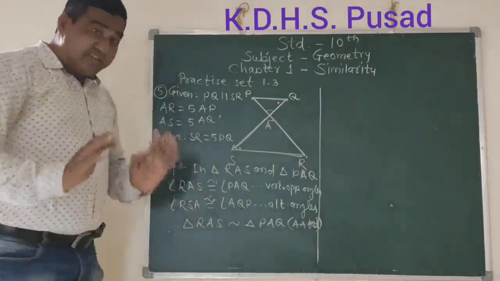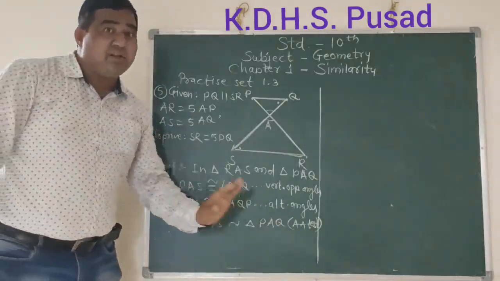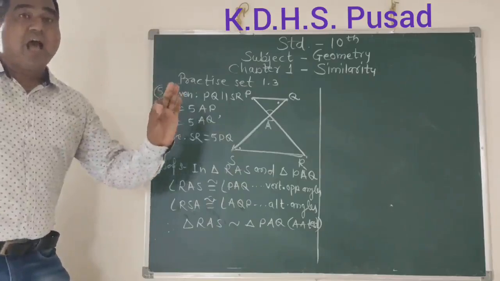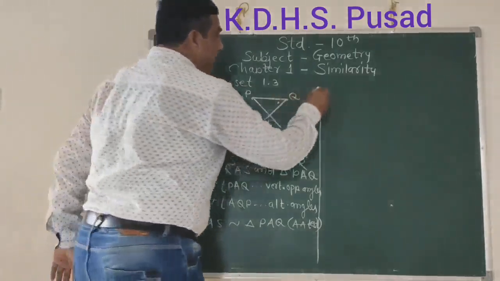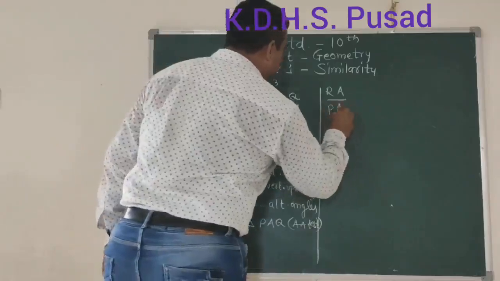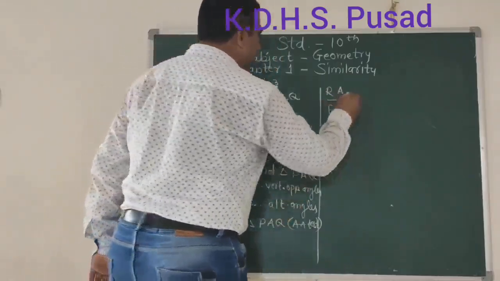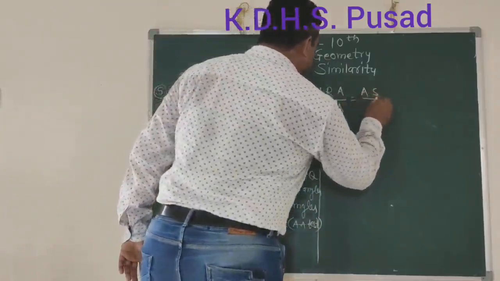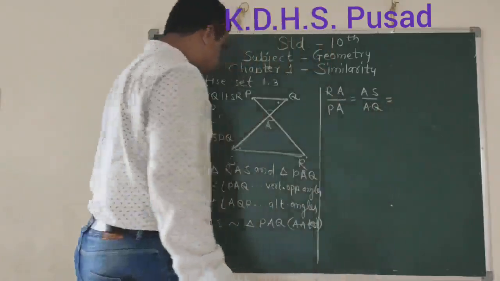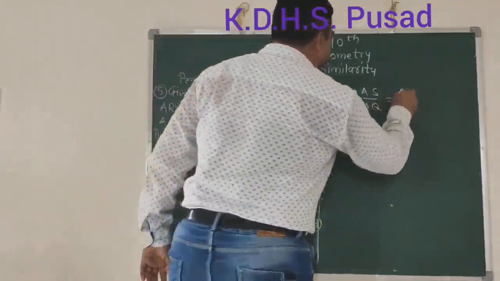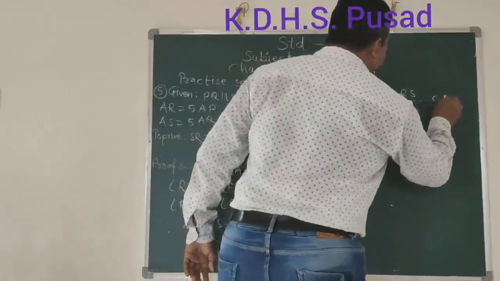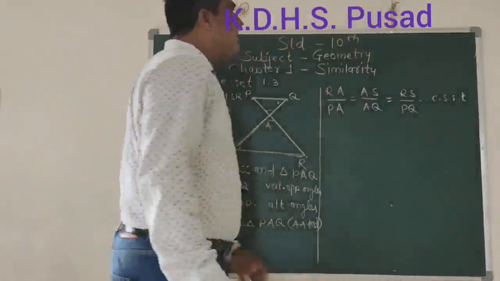Okay. Now, as we know, if two triangles are similar, their corresponding sides are in proportion. So here, RA by PA is equal to AS by AQ is equal to RS by PQ. Yes, corresponding sides of similar triangles.